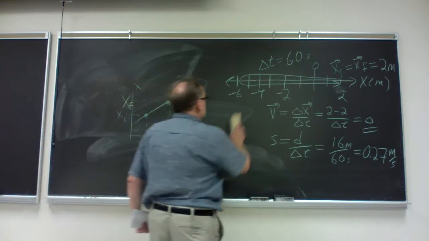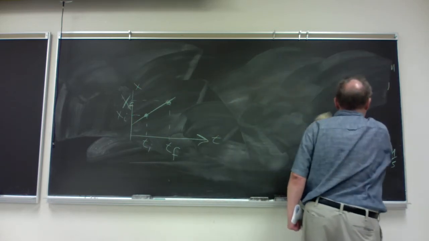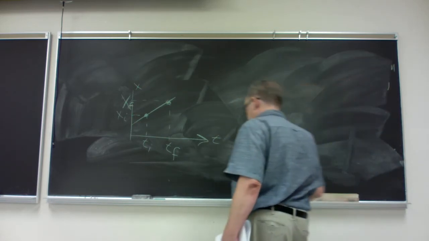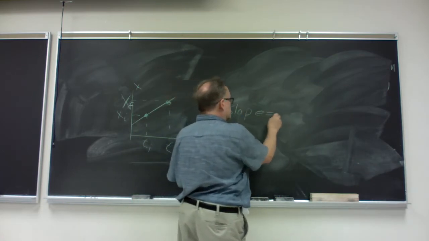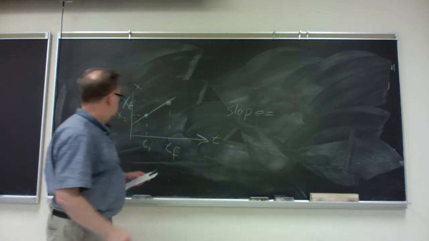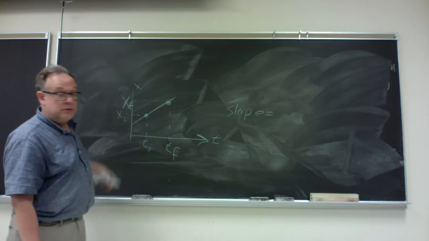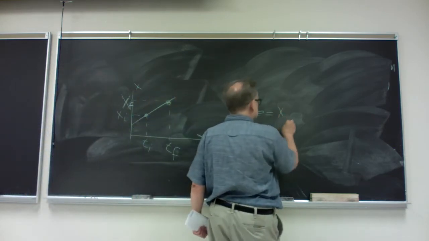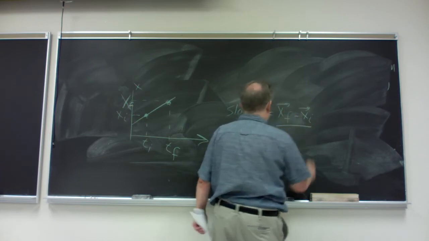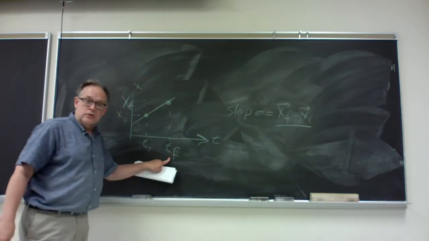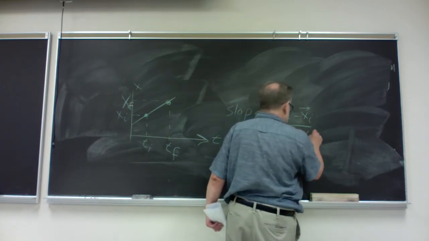Or to write that out algebraically, the slope is just the change in the vertical variable, which is x final minus x initial, divided by the change in the horizontal variable, which is t final minus t initial.